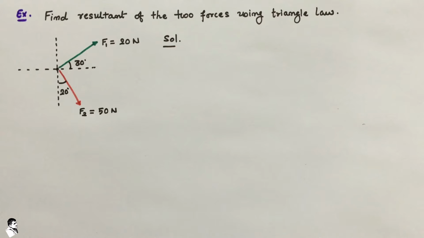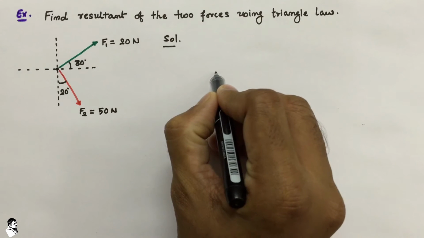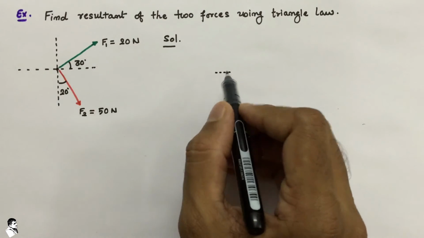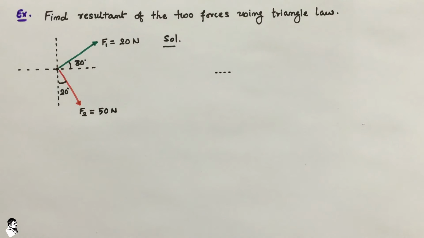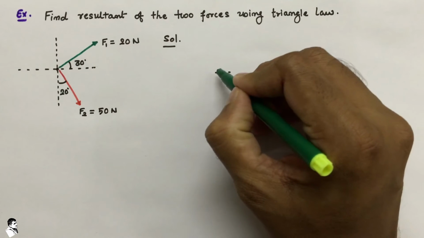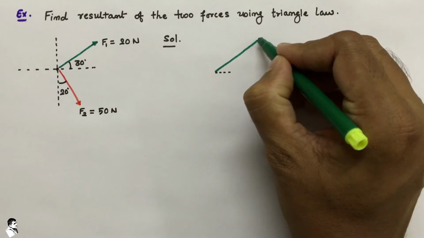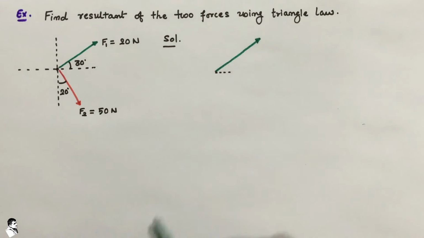So let us take force F1 with its proper magnitude as well as maintaining the direction. First of all, we just draw an axis which is similar to that. After that, we follow the pattern of force F1, with a proper magnitude and direction.